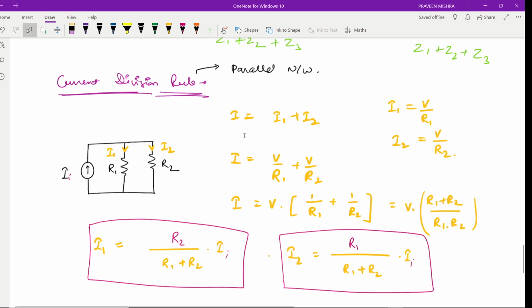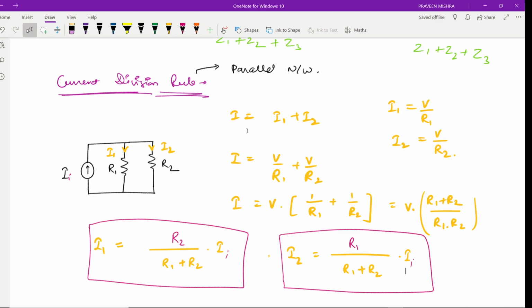Likewise, you can calculate these things, and I think for today's discussion, it is so many things. So in the next class, we will solve a few problems related to current division rule, voltage division rule, and KCL, KVL, and mesh and nodal analysis.